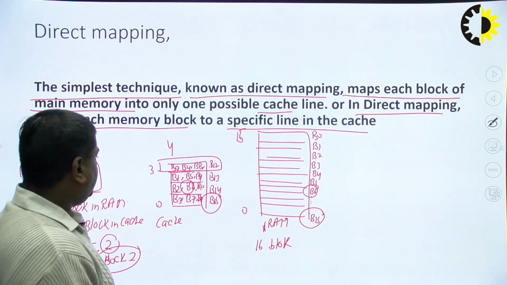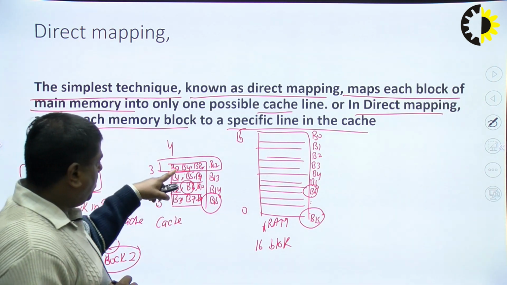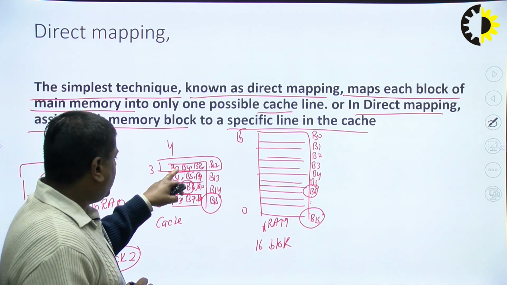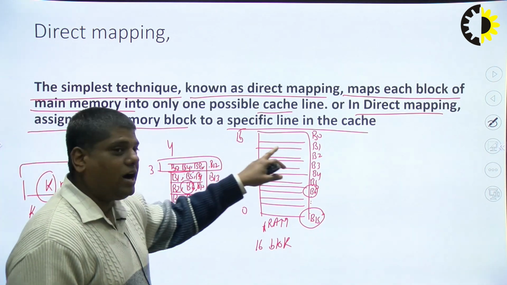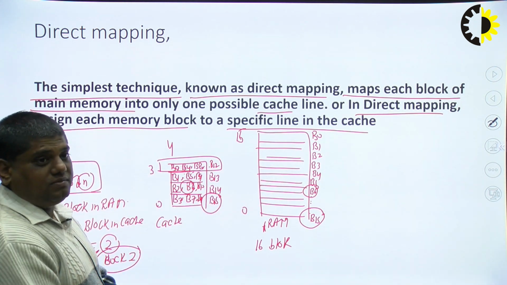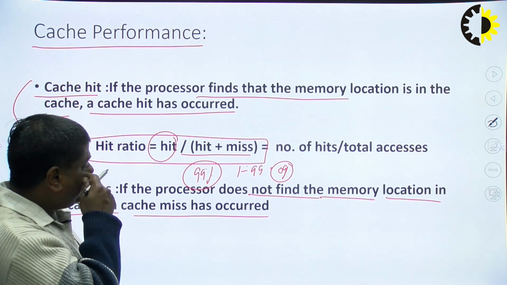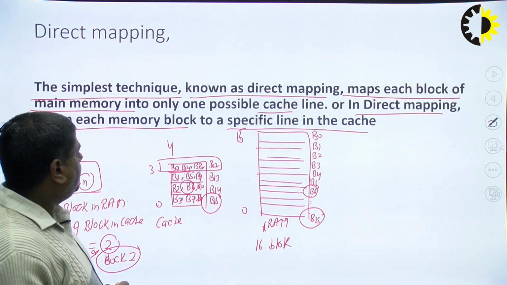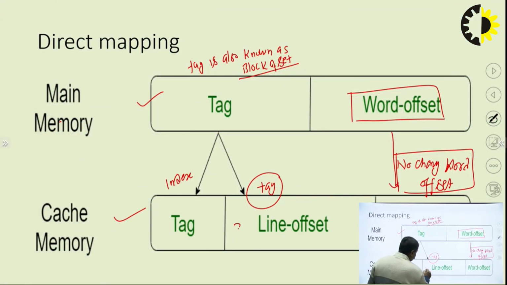Taking this example, in each block of the cache there are 1, 2, 3, 4 blocks accumulated from the RAM. It means the tag size is 2-bit.